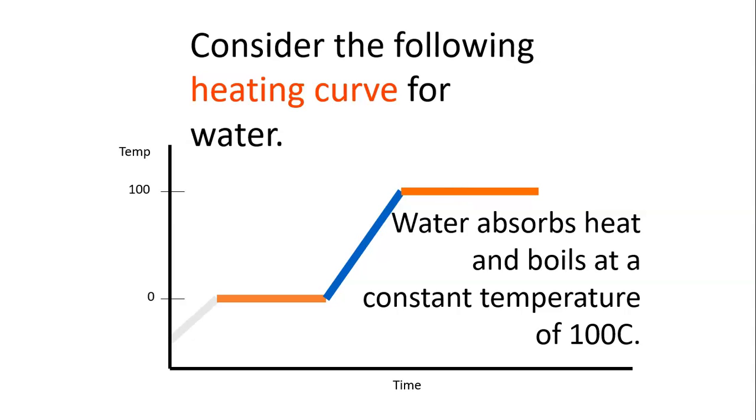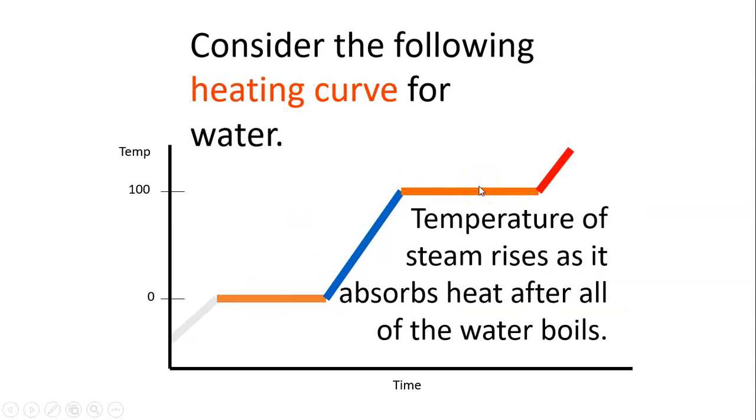Okay, it absorbs heat. So that curve flattens out at these spaces where the phase change is actually occurring. Once all of the liquid water has heated up and boiled, the water continues to heat up, and now it's gaseous water. Okay, it's steam.